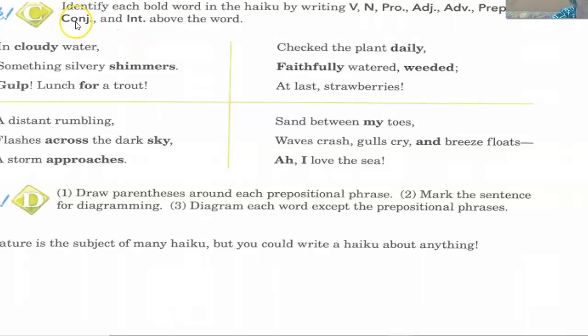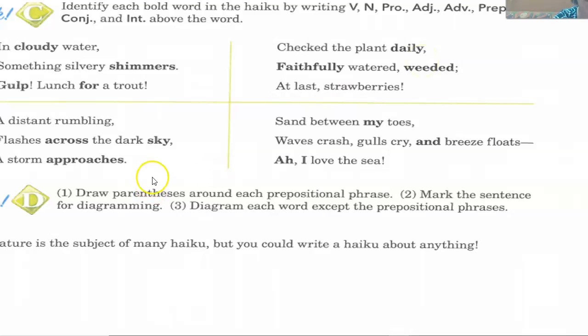So let's check the work that you've done. Cloudy is an adjective. Shimmers is a verb. Gulp is an interjection. And for is a preposition. Daily is an adverb. Faithfully is an adverb.